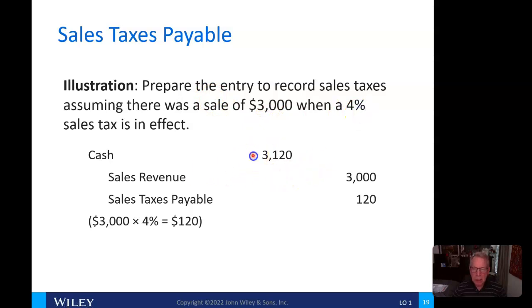The cash we're going to get from that sale is $3,120. We reflect the full $3,000 as our sales revenue. We don't offset that by sales taxes in any way. We do record $120 worth of sales tax payable to the government authority, in this case, the state of California.